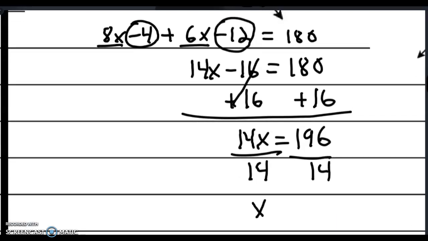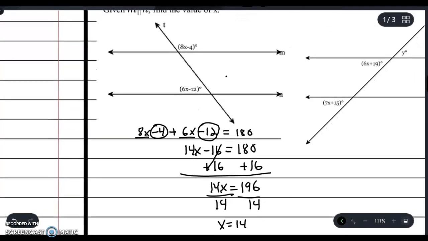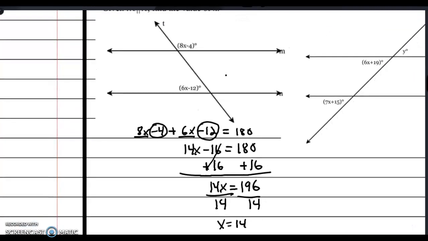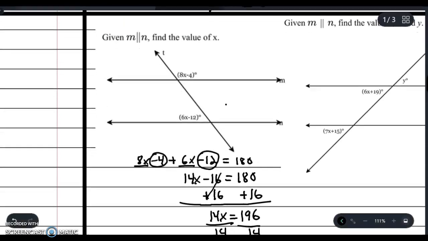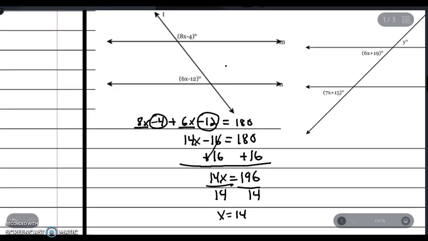And x is equal to 14. And because we're not trying to solve for a particular angle or anything here, if we're just looking for x, the answer is 14.